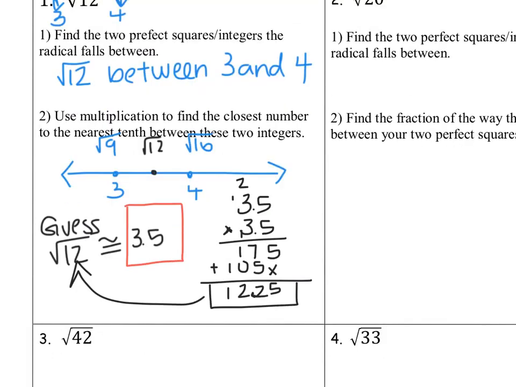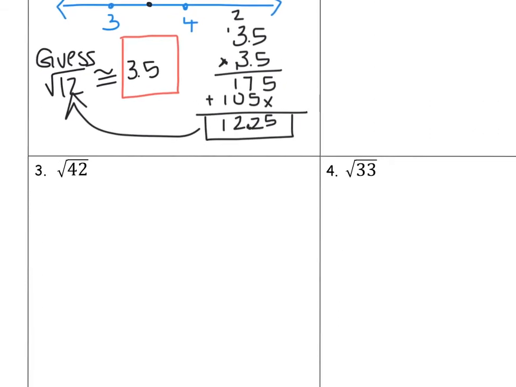So let's take a look at the square root of 42. We know that the square root of 42, by looking at our list of perfect squares, is in between the square root of 36 and the square root of 49, because 42 comes between 36 and 49. The square root of 36 is 6, and the square root of 49 is 7.